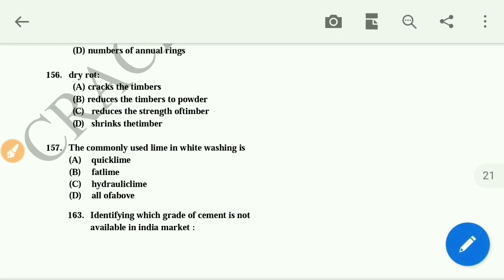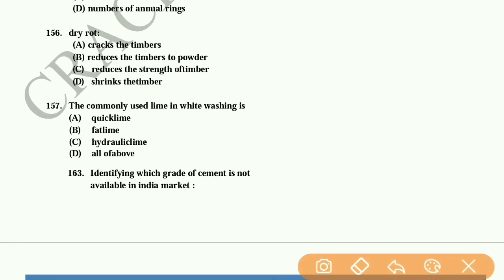Dry rot reduces the timber to powder, option B is right for 56 question number. The commonly used lime in whitewashing is fat lime, option B.